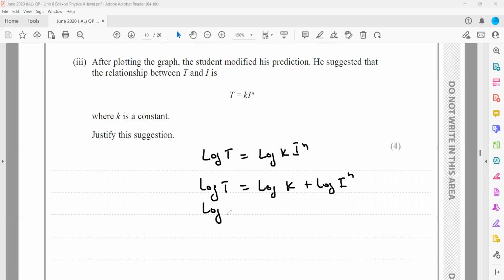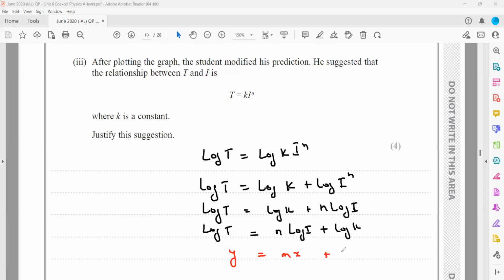So it will be log t equals log k plus n log I. And if I just rearrange them, I can say log t equals n log I plus log k. Now we'll compare with the equation of a straight line, which is y equals mx plus c.